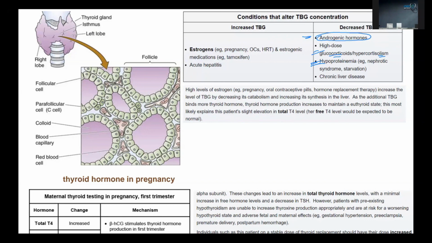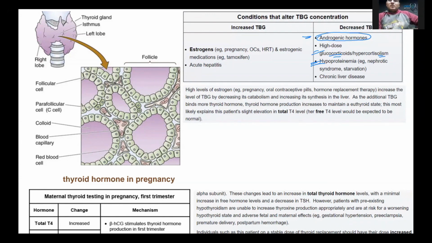The last is chronic liver disease, very important. Acute hepatitis increases thyroxine binding globulin, but cirrhosis decreases it because liver function is decreased. So it decreases the production of proteins, and so decreases TBG in chronic liver disease.